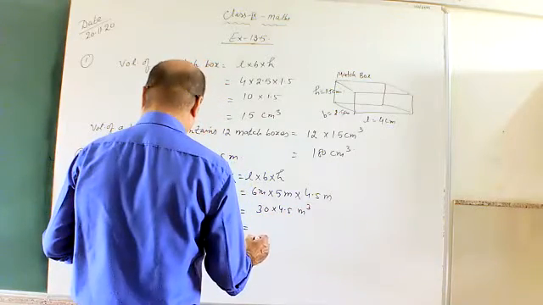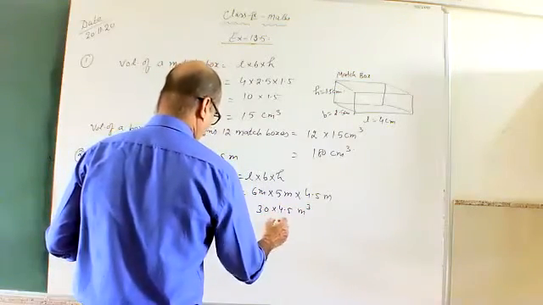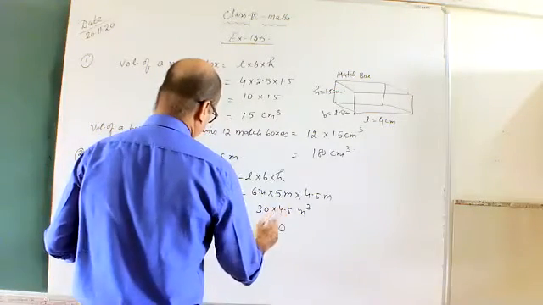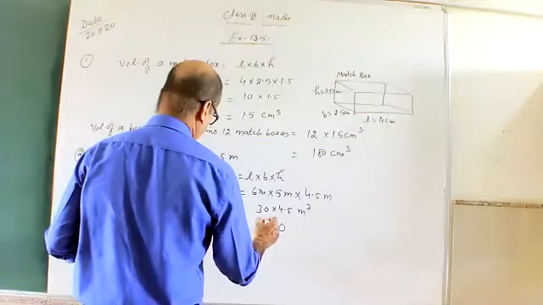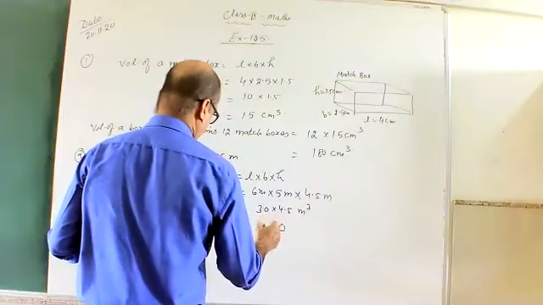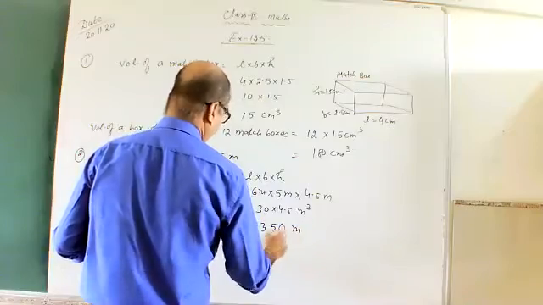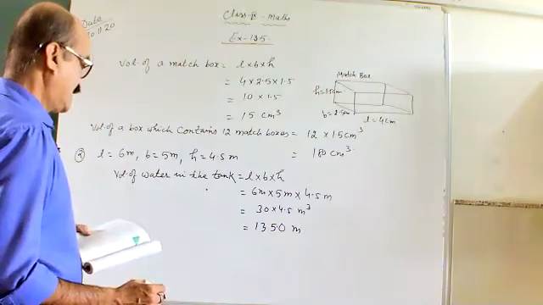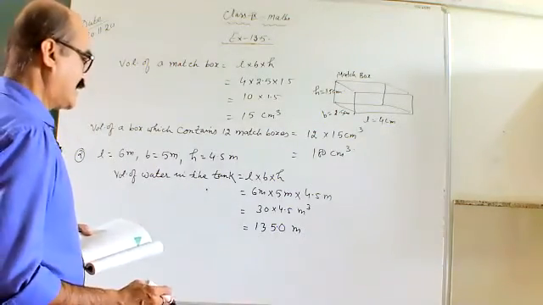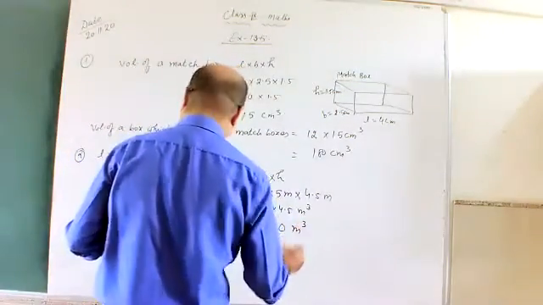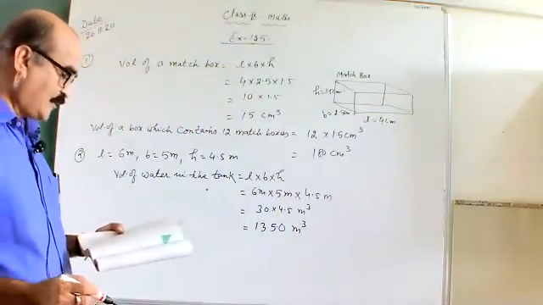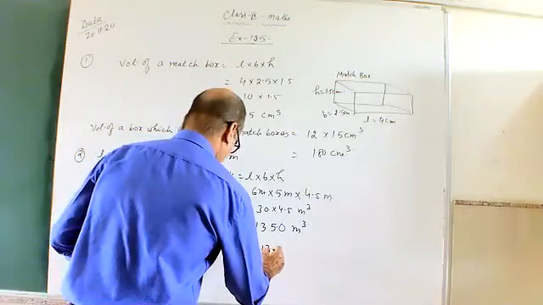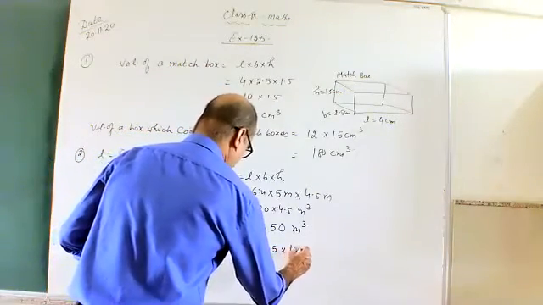So 0, 4 threes are 12, 5 threes are 15, and 3 fours are 12, plus 1 is 13. After 1 there is a decimal, so that is 135 meter cube. Okay? 135 meter cube. But we need to find the volume in liter, so this will be multiplied by 1000. 135 into 1000 liter.